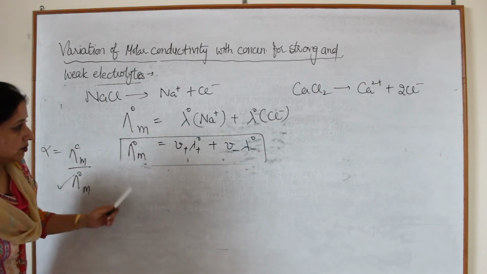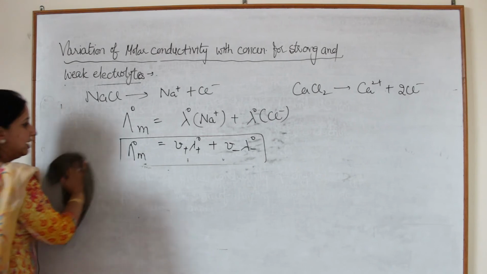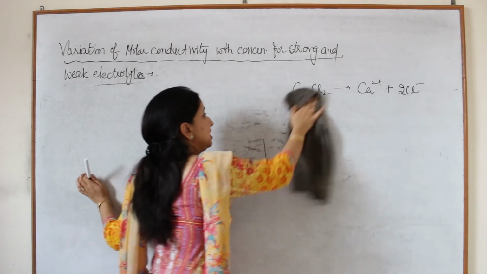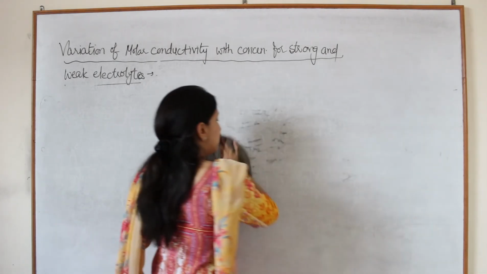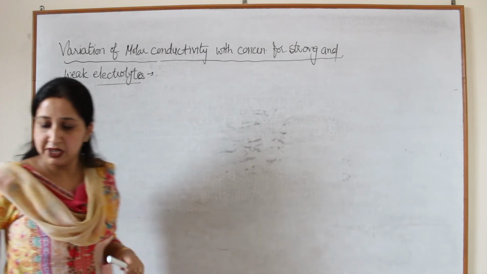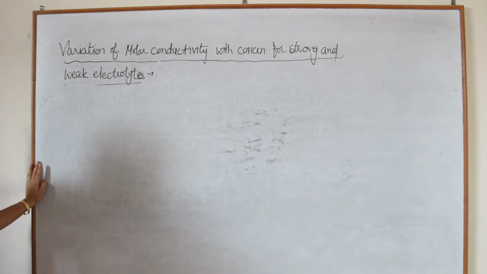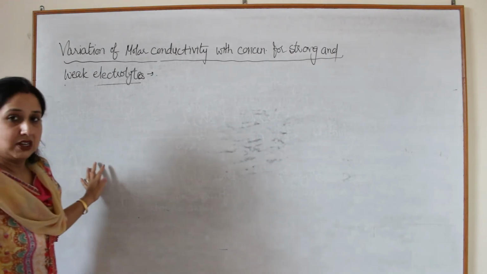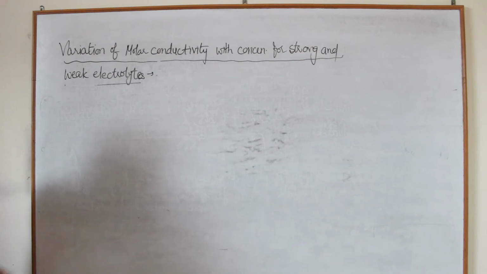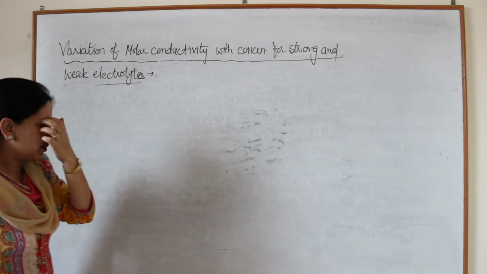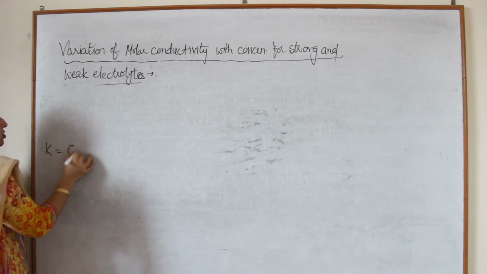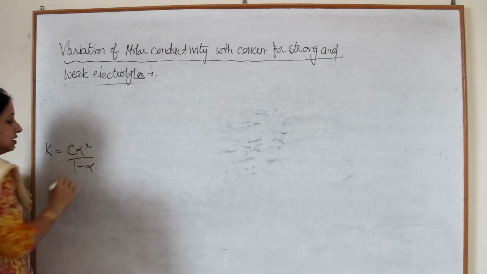So the important applications of Kohlrausch's law: first, with the help of this law we can determine the value of lambda naught m for weak electrolytes also. Second application, with its help we can also determine the value of degree of dissociation for weak electrolytes. Third application, we can also calculate the dissociation constant, which is given as K is equal to C alpha square upon 1 minus alpha.